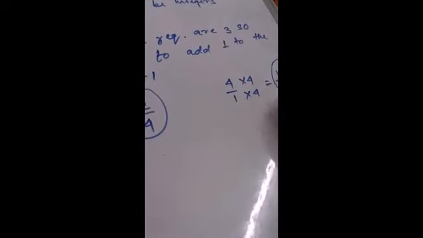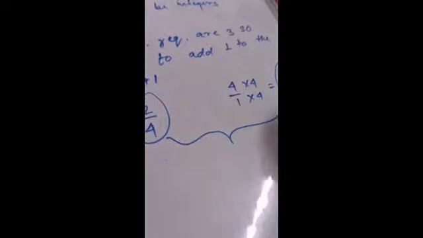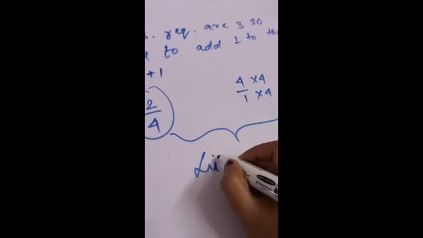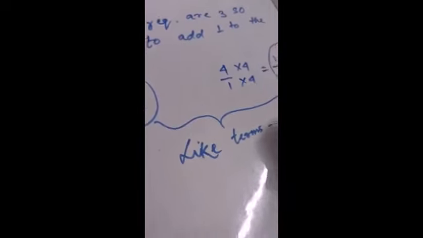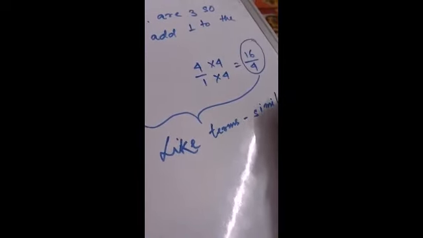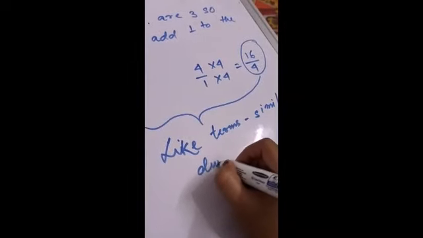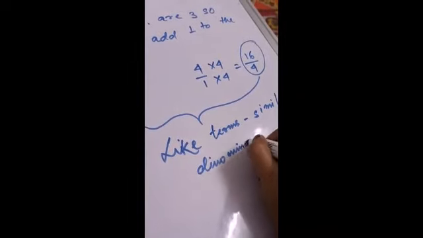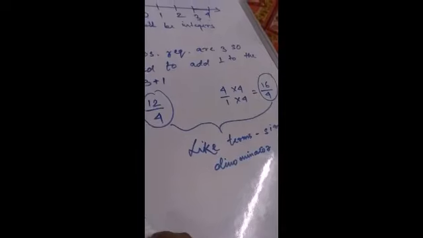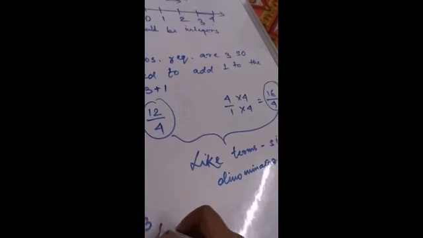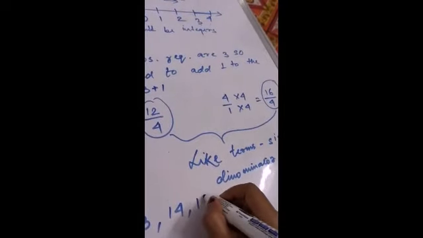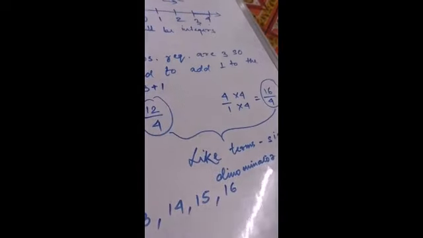So you see, both are coming as like terms. What are like terms? Which have similar denominator. This is not part of the chapter, but still I am telling you, like terms means similar denominator. Right. So this comes as like terms. So how many numbers are between 12 and 16? 12, 13, 14, 15 and 16, right?